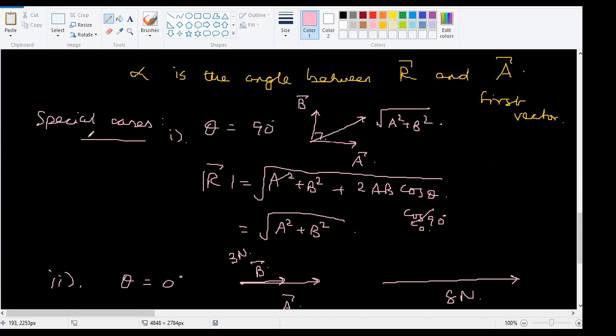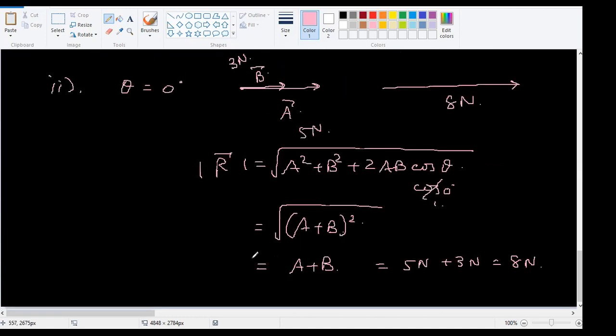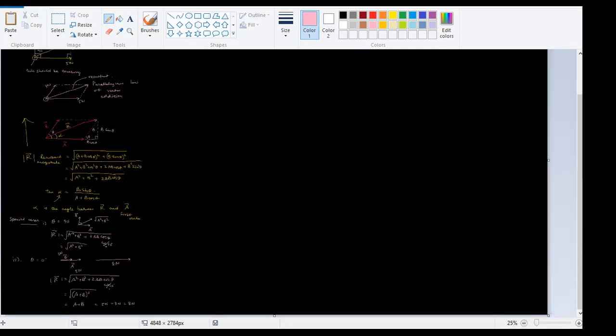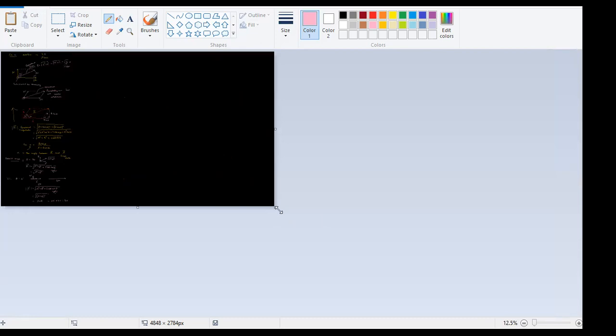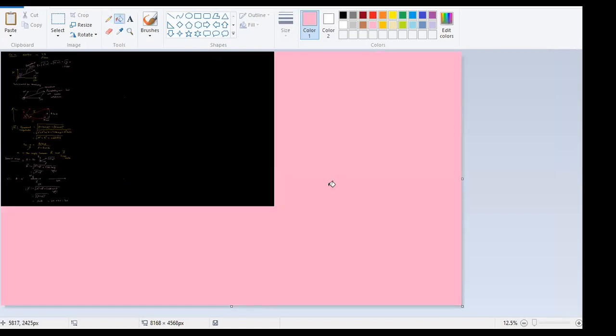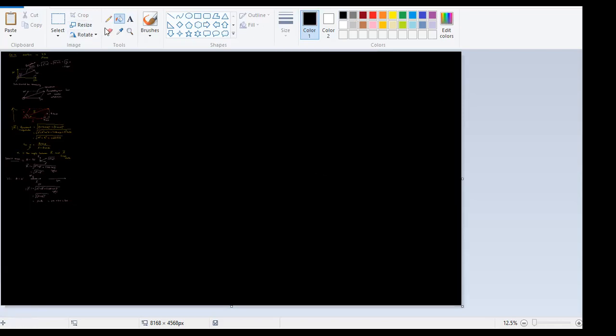What will be any other special case? We talked about 90 degree, 0 degree. Any other special case which you can think of? Can the vectors be acting in the opposite directions? Cos 60 I would not consider as a special case.